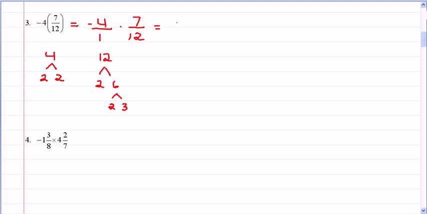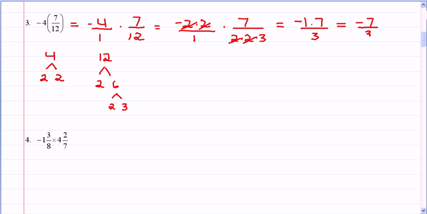So I'll rewrite these fractions as 2 times 2, and then the 7 is prime already, and then 2 times 2 times 3. The 2's cancel, and this negative sign in front is like having a negative 1 times 7. So my final answer is negative 7/3.